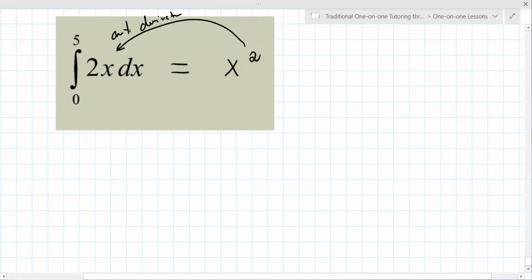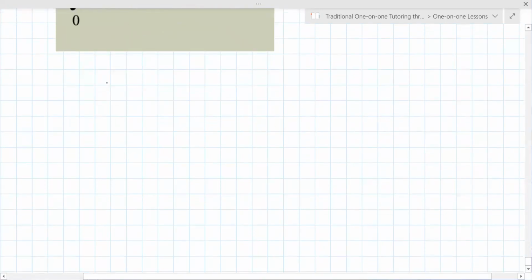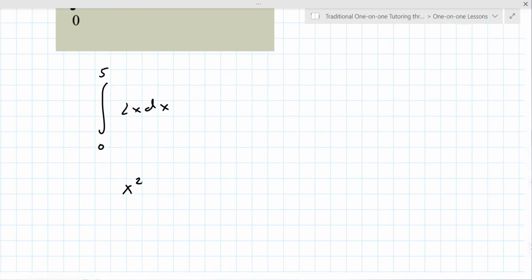Right. Well, let's just start this from the beginning. Let's say it's the integral 0 to 5 of 2x dx. Here's the thought process. You somehow come up with x squared, which is very difficult. It's always harder to go backwards than it is forwards, which is what you're doing here. You're asking, what do I take the derivative of to get that? There's eventually a rule you'll learn which will help, but you're not given that yet.